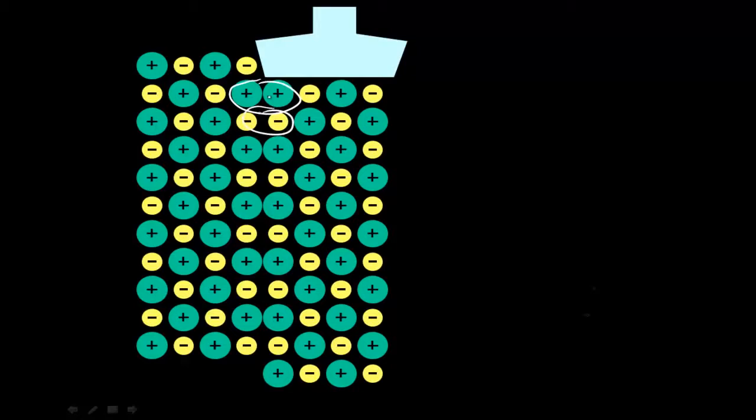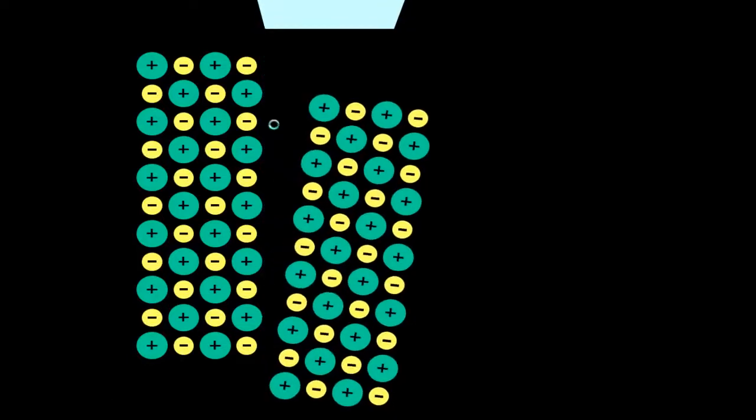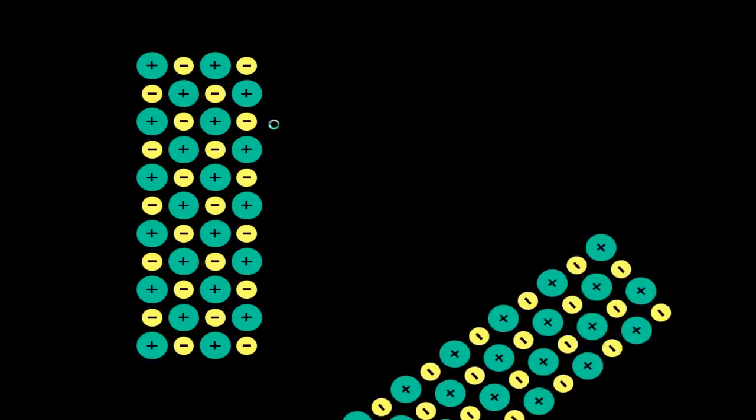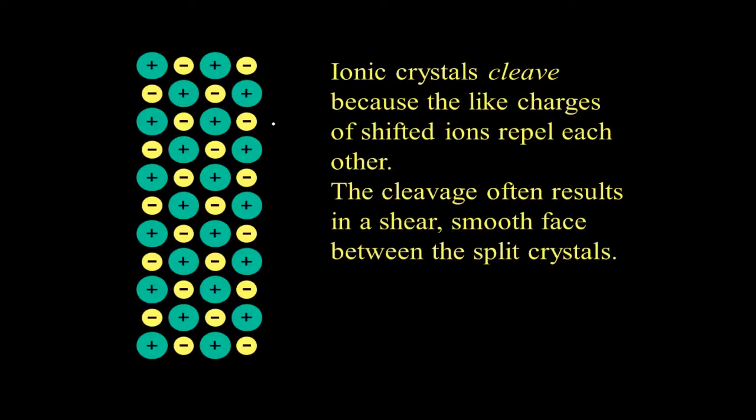And so if like charges are lined up, the result is going to be a great deal of repulsion, and that's going to split the crystal. And when ionic crystals cleave, they often leave a very sheer, smooth face if you do it carefully because of the way the opposite charges line up.